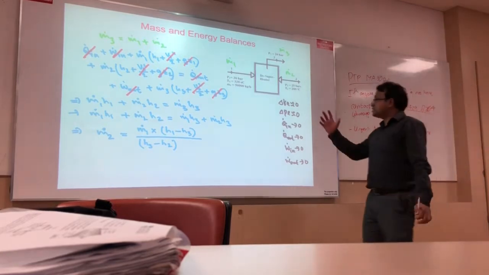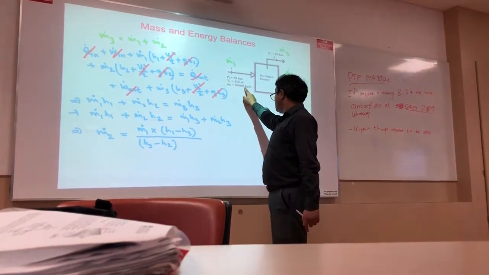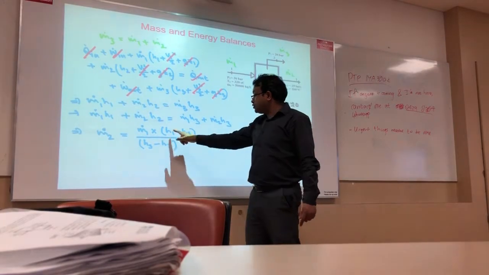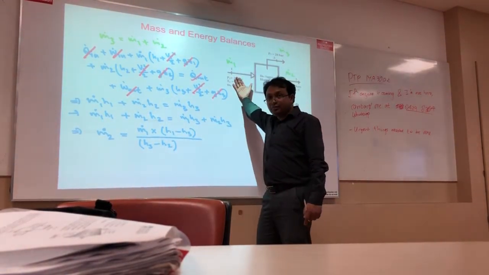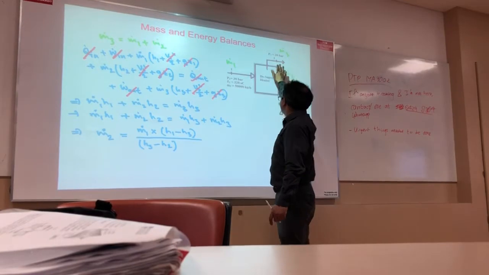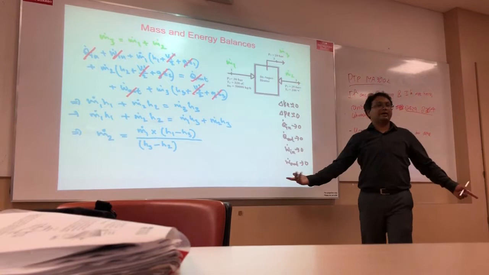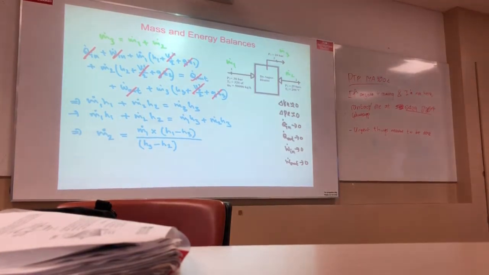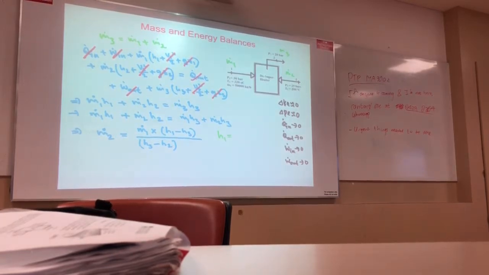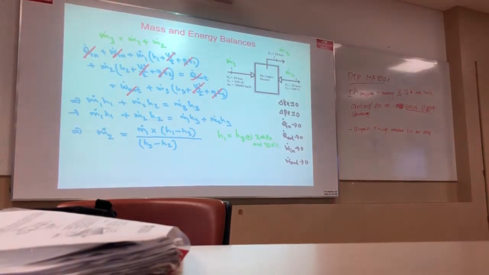Then ṁ1 is given, 50,000 kilograms per hour. Then h1 I have to get from the table, h3 I can get from the concept, and h2 I can get from the steam table. Now you understand, right? So what is the value of h1? h1 becomes hg with respect to 3 megapascal and 320 degrees Celsius.